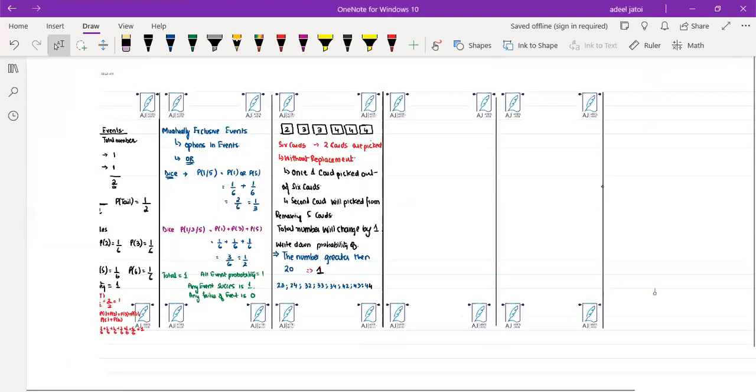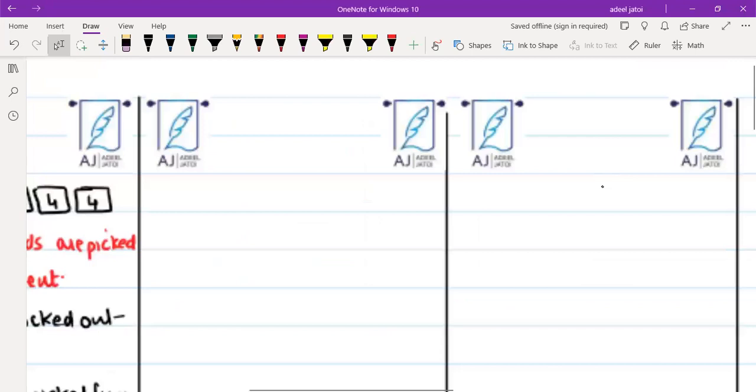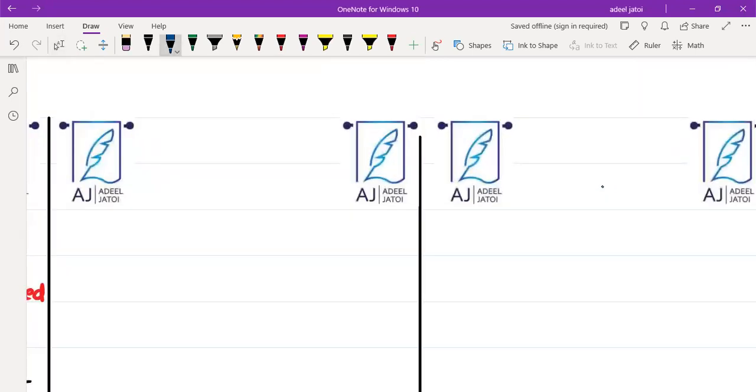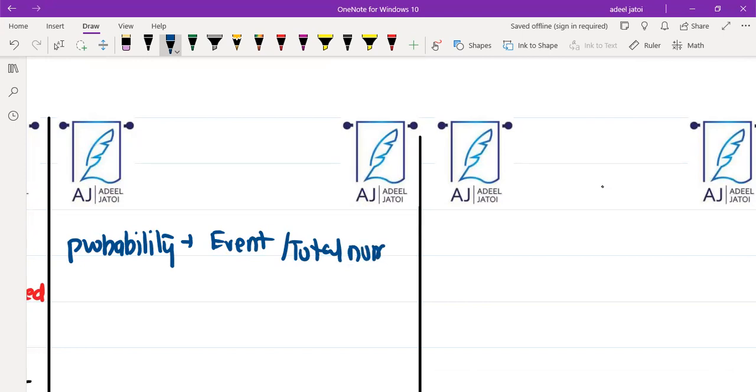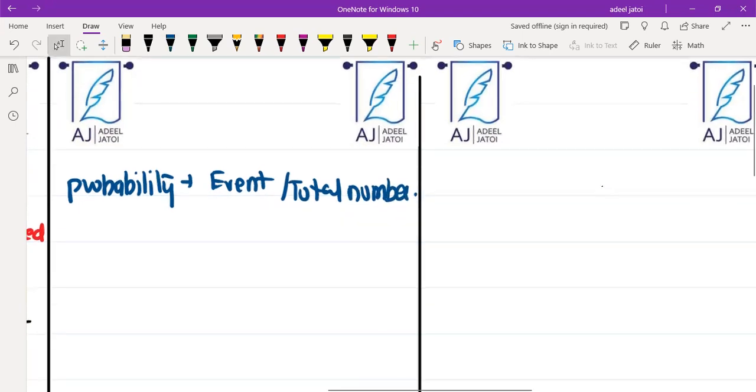So let's just revise what we have done up till now for the probability. Probability is all about event upon total number.